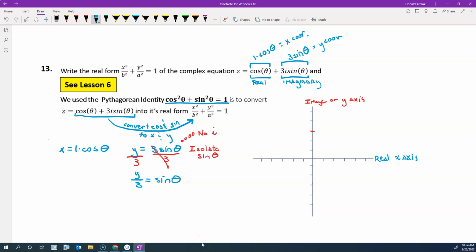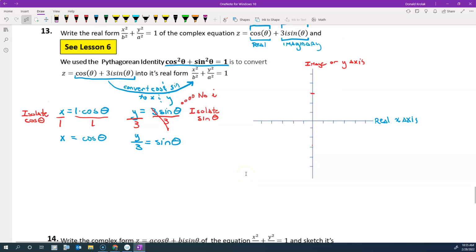Over here, there's nothing to isolate, but if there was a number other than 1 in front, you'd isolate that. Here we're going to isolate cosine, which just means dividing both sides by 1, which doesn't do anything. This is still x equals cosine. So I've isolated cosine, I've isolated sine.